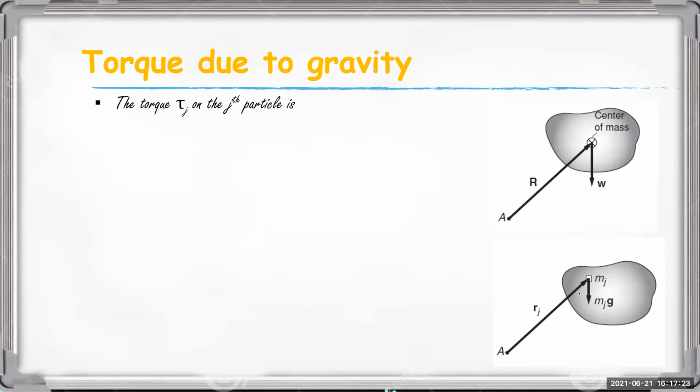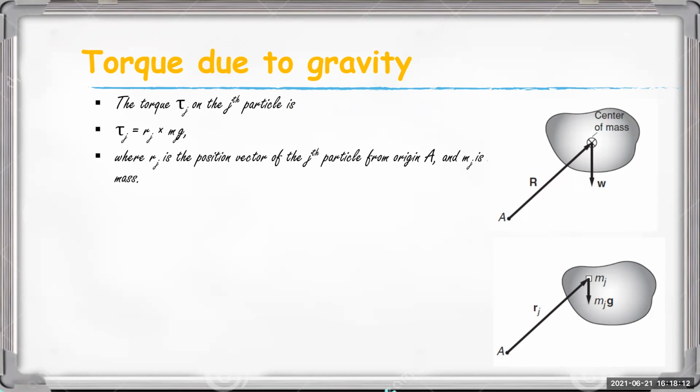Then the torque tau j on the jth particle is given by tau j is equal to rj cross mj g, where rj is the position vector of the jth particle from the origin A and mj is its mass.